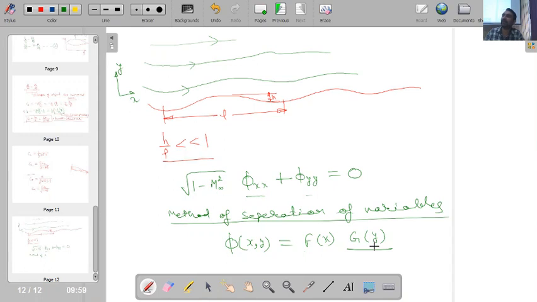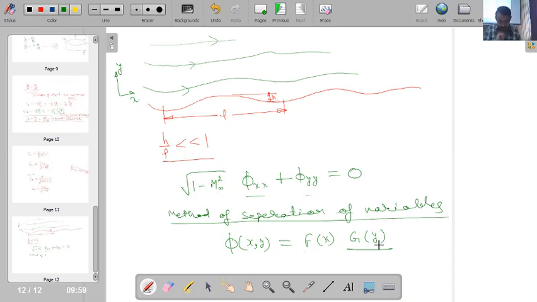This is called the method of separation of variables. So phi depends upon x and y, but it is the product of two functions which are sole functions of x and y. When we do multi-dimensional conduction problems or even transient conduction problems, this method is popularly used.